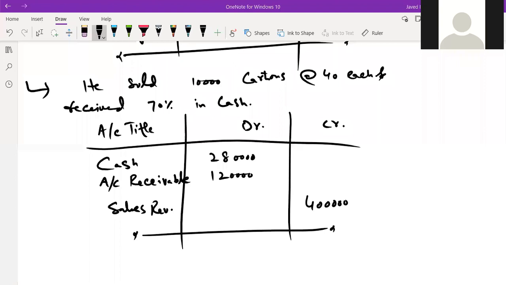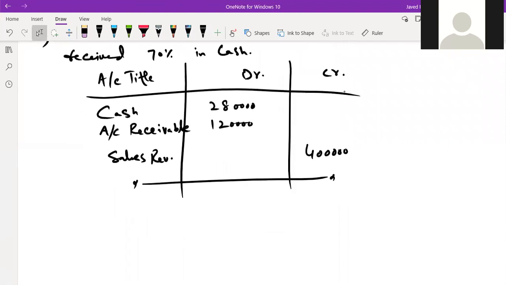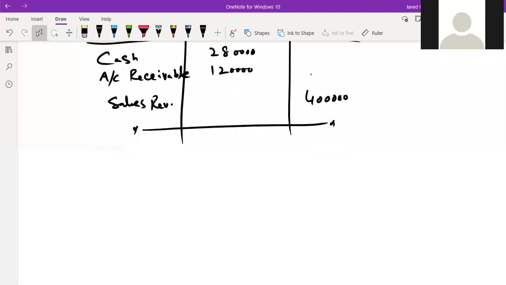Last week we also discussed this. Whenever you record your revenue, you need to basically record the cost as well.